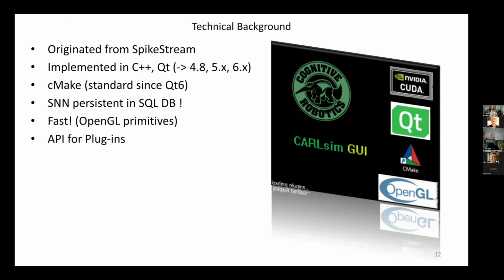It was called Spike Stream some years ago, and there was no further development in Spike Stream, so I implemented some nice features there, including a migration to the latest Qt versions and CMake. Another nice technical background is that the spiking neural network is persistent in an SQL database.